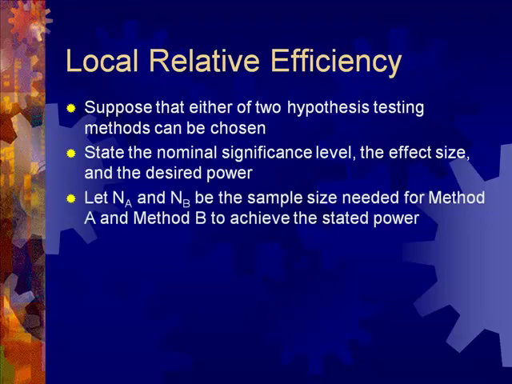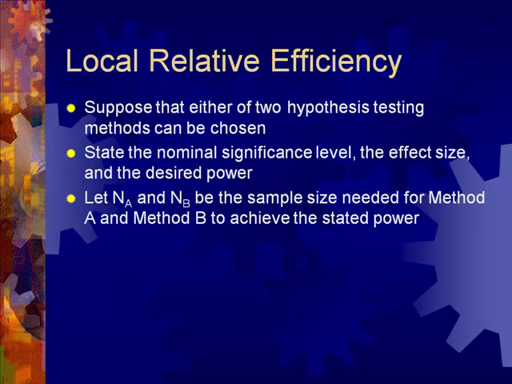Let n A and n B be the sample size needed for method A and method B to achieve the stated power. So here n sub A represents the sample size we need for method A in order to achieve the desired power at the nominal significance level we chose and with the effect size that we chose.